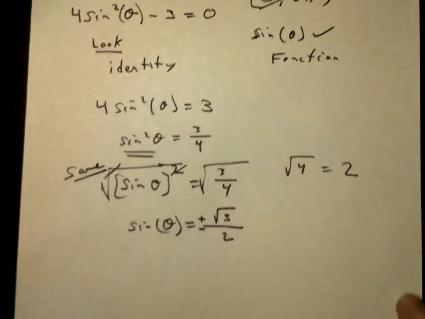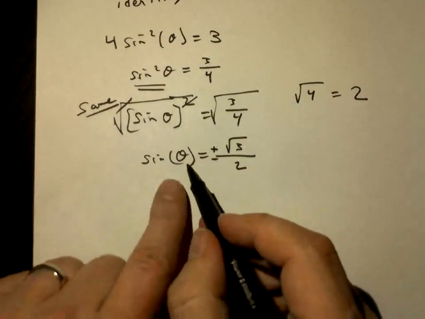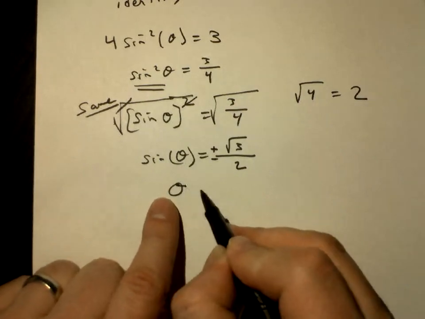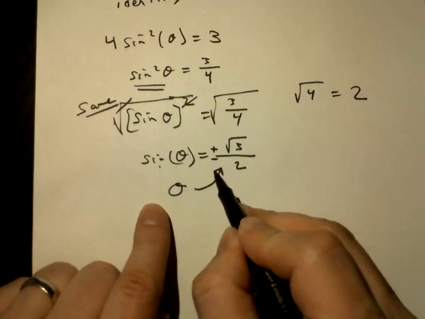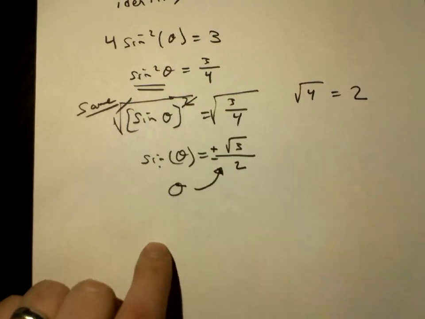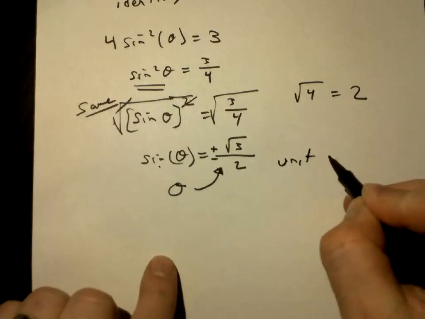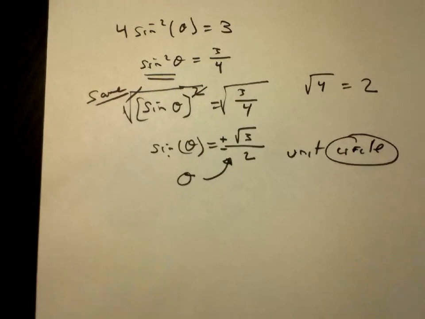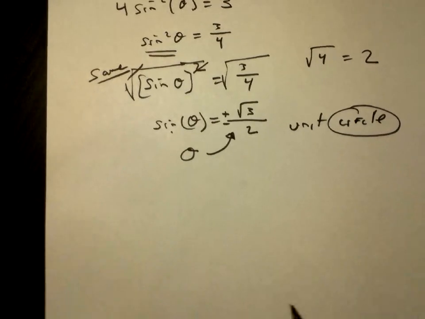And here's what you're going to do. You're thinking about where theta, sine of theta equals square root of 3 over 2, where is that on the unit circle? So we have to look at this.